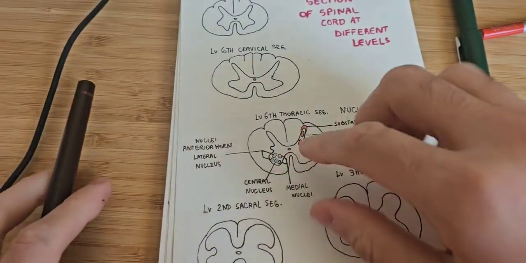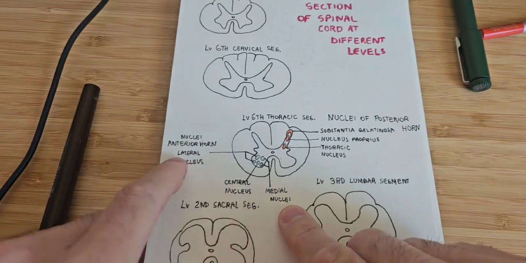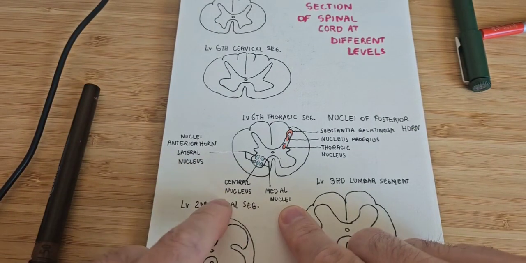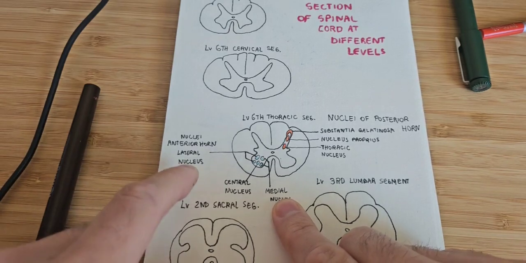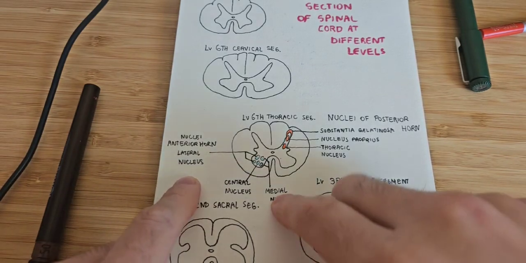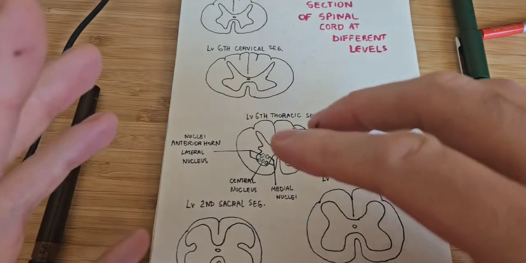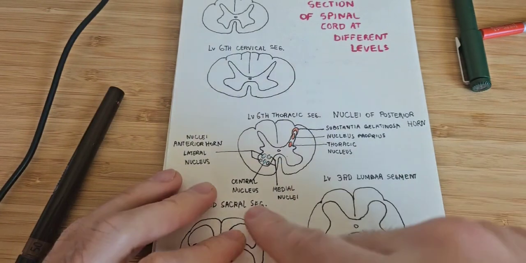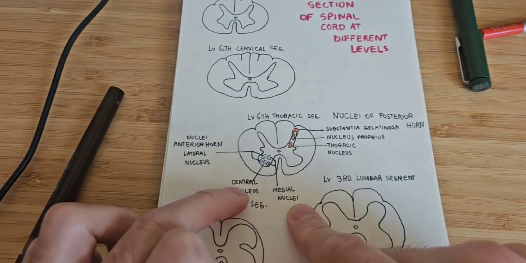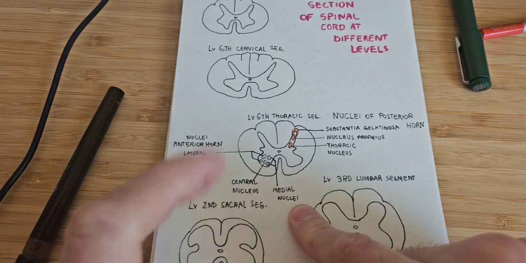And they are, as you can see, medial nuclei, central nucleus, lateral nucleus. They are categorized based on their location, as you can see by the names: lateral, medial, or central.